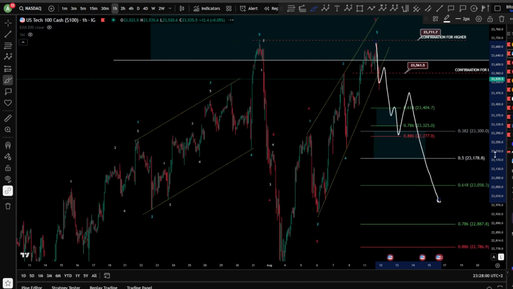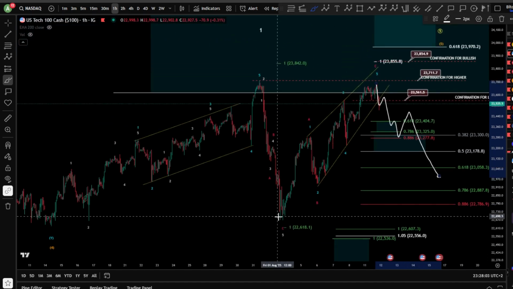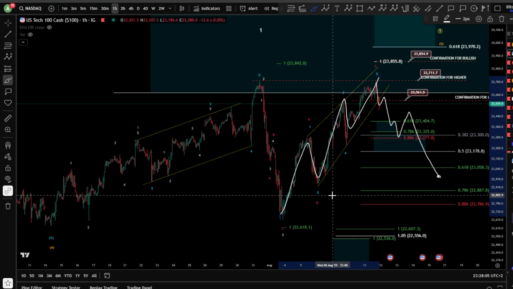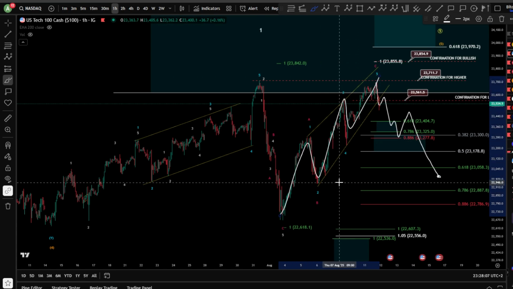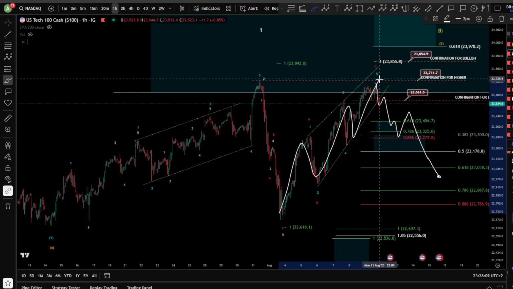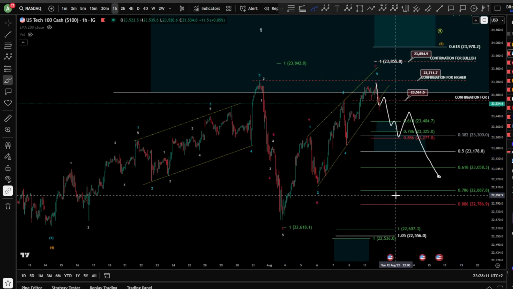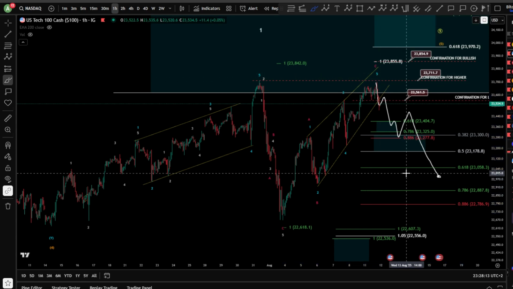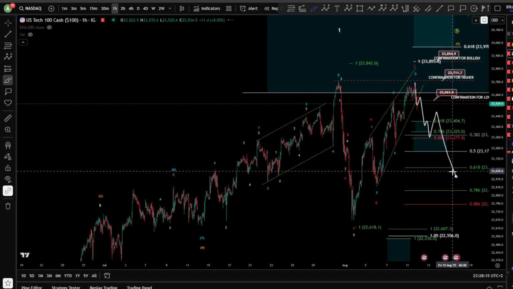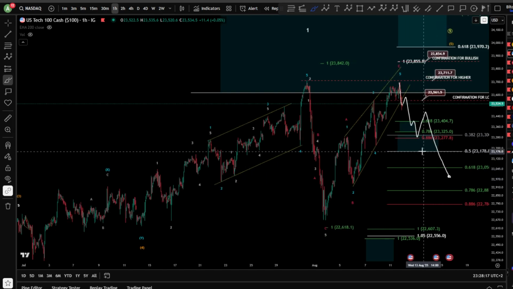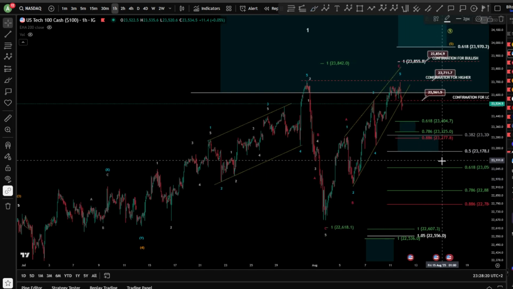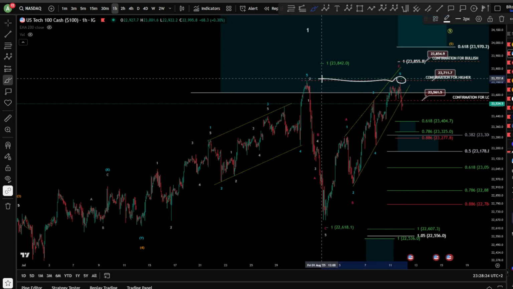Now, this is the most important testing level here because this is a diagonal. And in case it is in a formation of 1, 2 here, it can be a possibility to move toward the upside again. So we're going to see, guys, what's going to happen. Don't forget also that an ending diagonal can be working and also truncated, so we have to be careful.